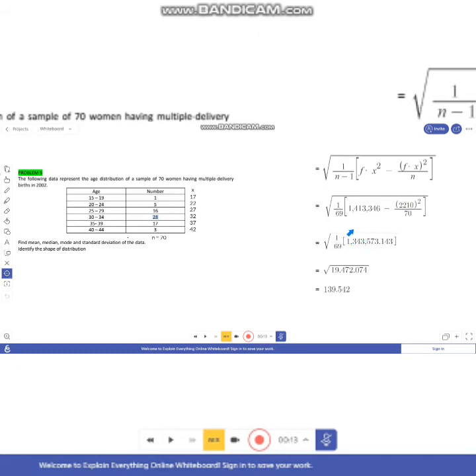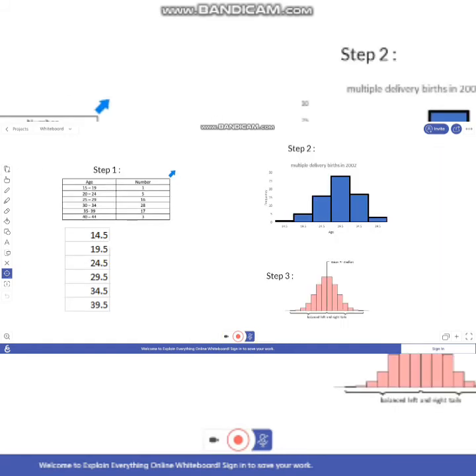I completed the one in the bracket first, and then I divided the number in the bracket by 69, and I got 19,472.074. I later square rooted the number into 139.542. That is all.